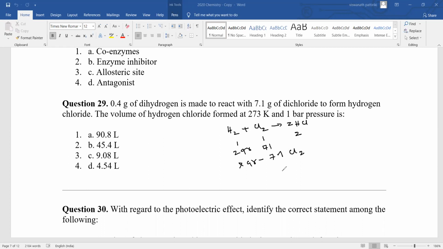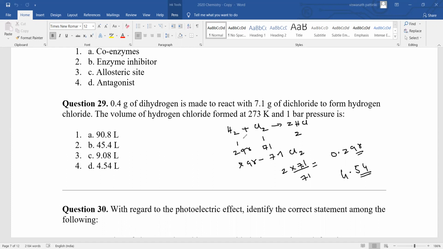The mass of H2 is 2 into 7.1 by 71, which is nothing but 0.2 grams. Okay. So what is the limiting reagent here? Chlorine is the limiting reagent here. So what is the volume of HCl formed? The volume of HCl is 4.54 according to your standard equation.